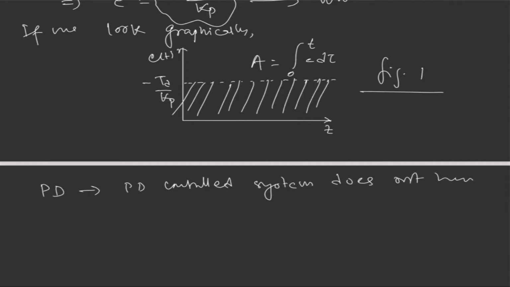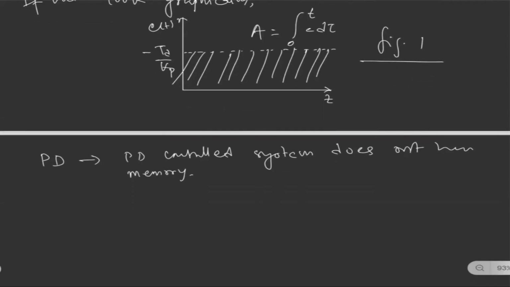There is no memory in a PD control system. To provide the controller with the capability of driving the error to zero in the presence of constant disturbance, we need to add an integral term in the control law.